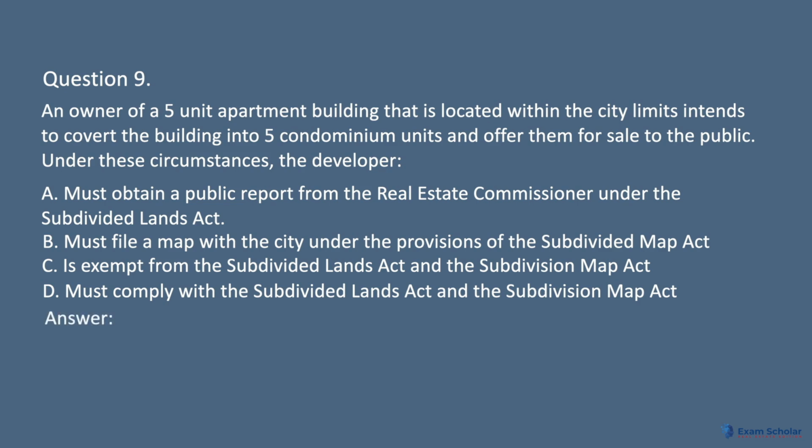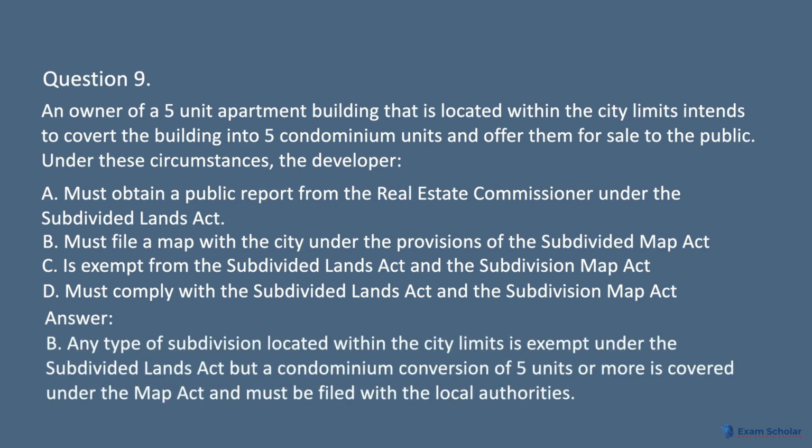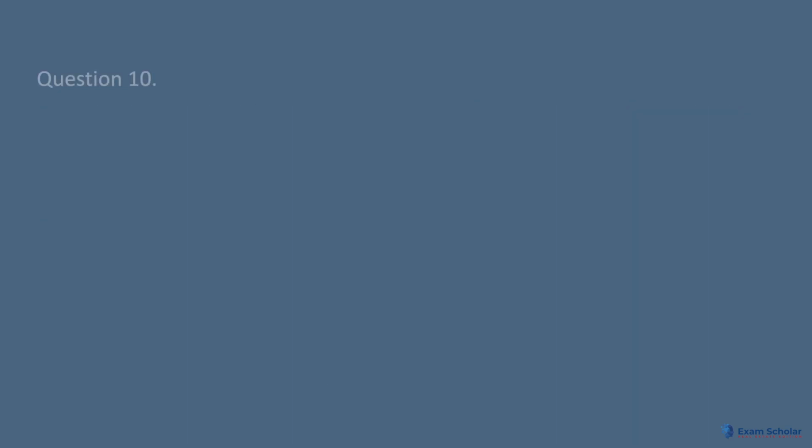Answer B. Any type of subdivision located within the city limits is exempt under the Subdivided Lands Act, but a condominium conversion of 5 units or more is covered under the Map Act and must be filed with the local authorities. Question 10.